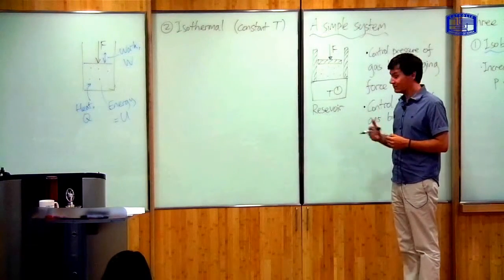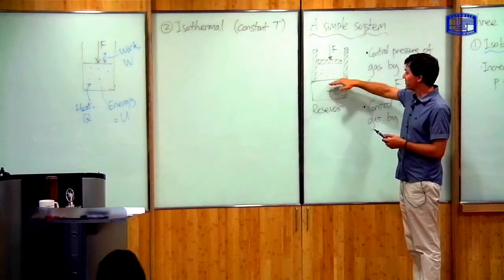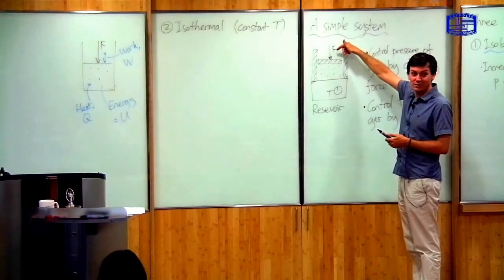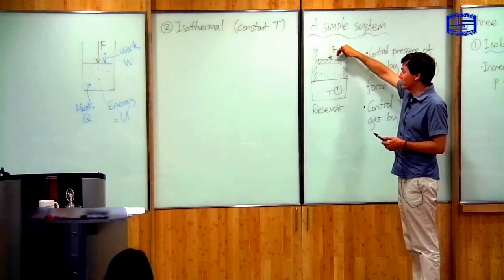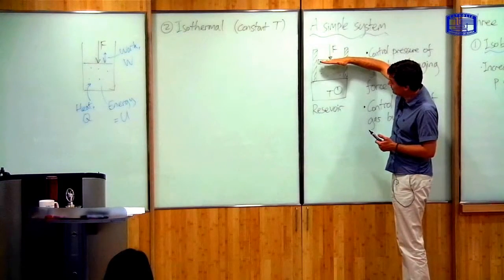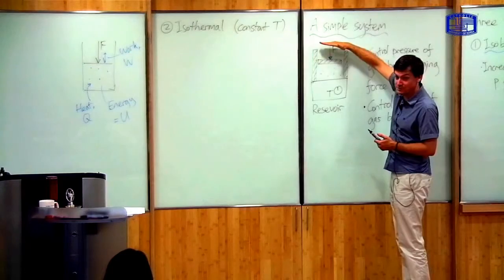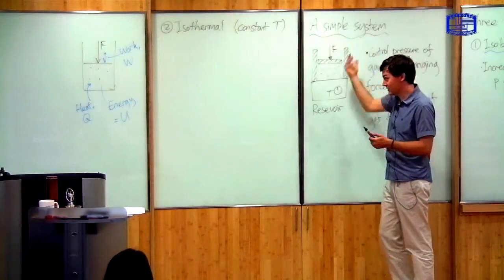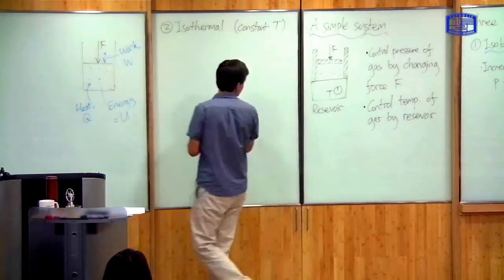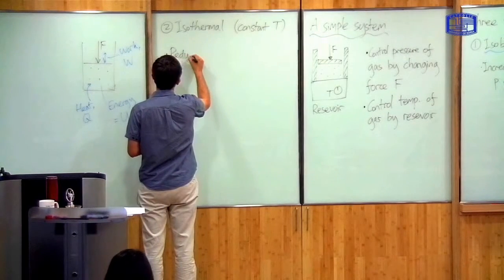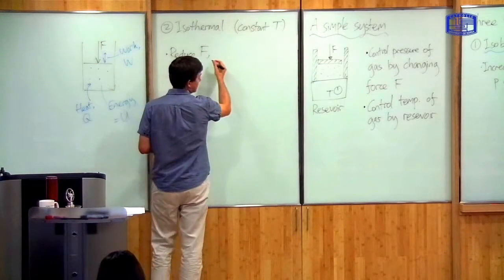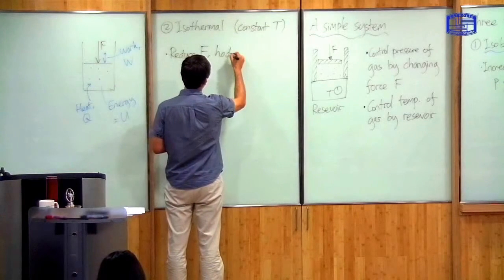So in this case, we hold the temperature constant, but we reduce the force on the piston. As we reduce the force on the piston, that reduces the pressure, and that lifts the piston up. So that's another kind of expansion. Here we reduce the force, and we hold the temperature constant.